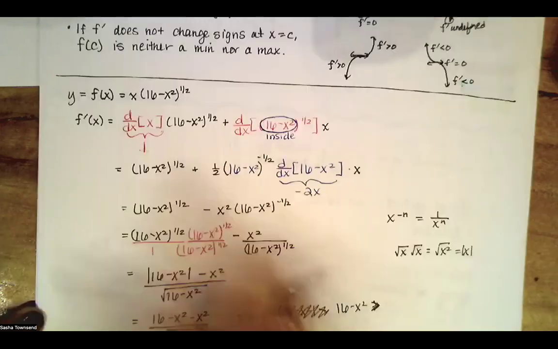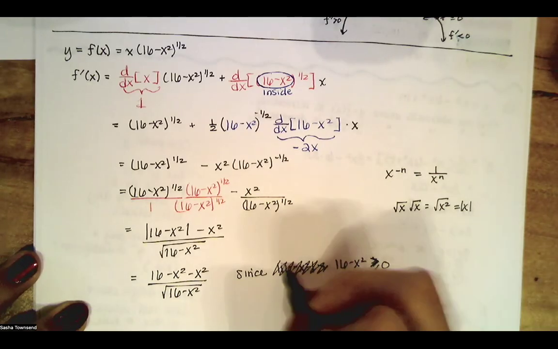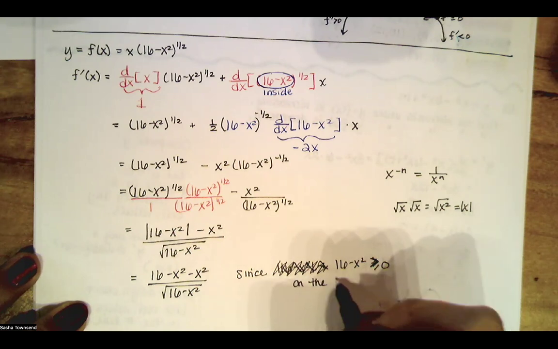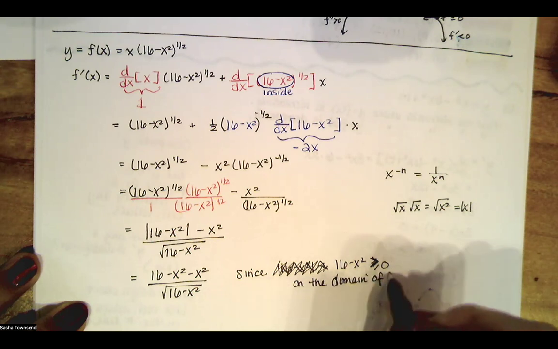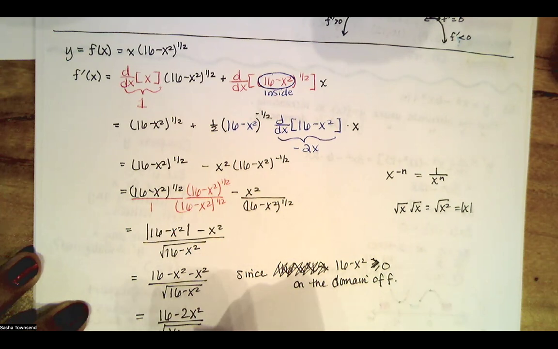Is it strictly positive? No, it's greater than or equal to 0. On the domain of f, that's equal to 16 minus 2x squared, all divided by the square root of 16 minus x squared.